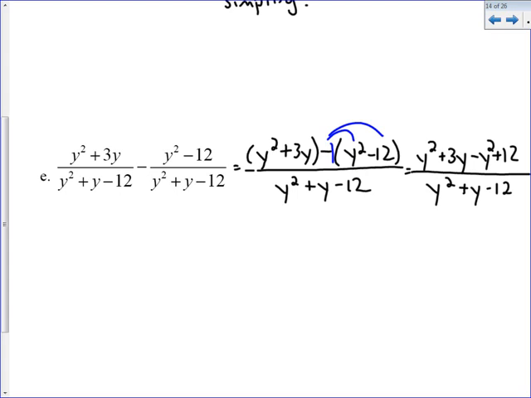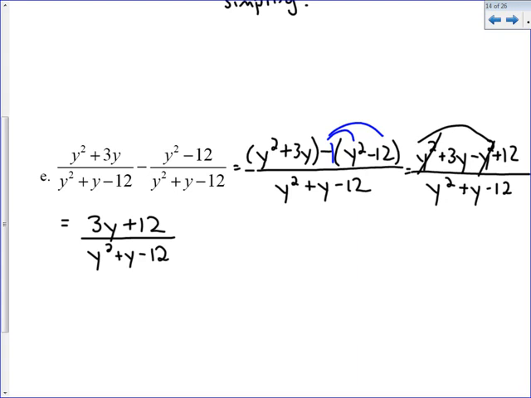And we're still working with the numerator, combining the numerator. So I have a y squared minus y squared. They're going to cancel. And then 3y plus 12, those aren't like. So I have 3y plus 12 over y squared plus y minus 12. So we got one fraction, combine like terms.